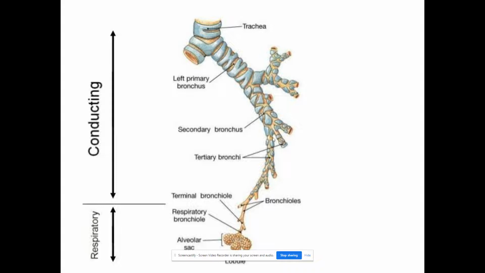And then we have the tertiary bronchi. You can see as they branch off. As we get closer to the alveoli, we have the bronchioles. And it leads to the alveolar sac, which includes these groups of alveoli.